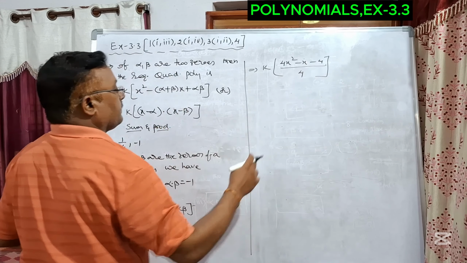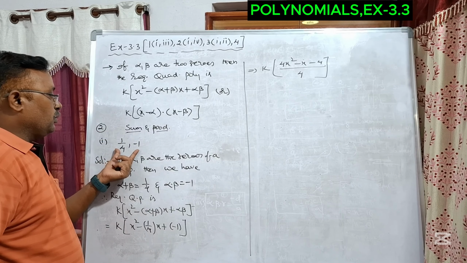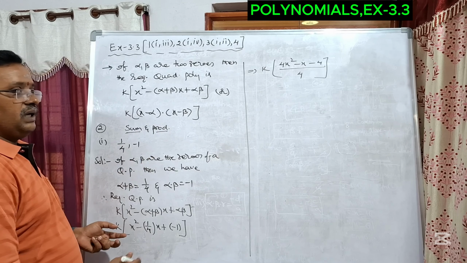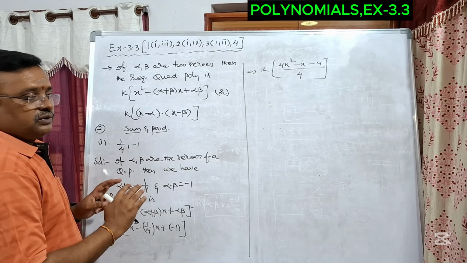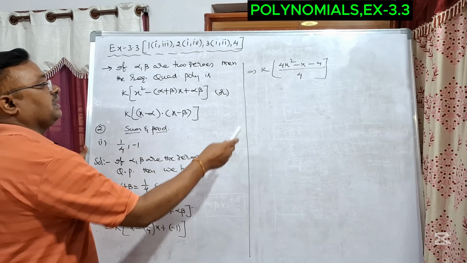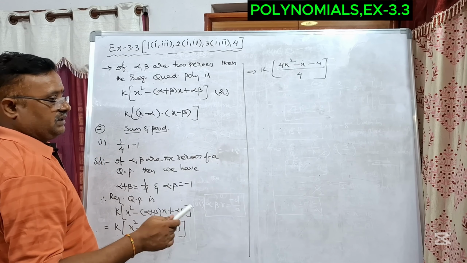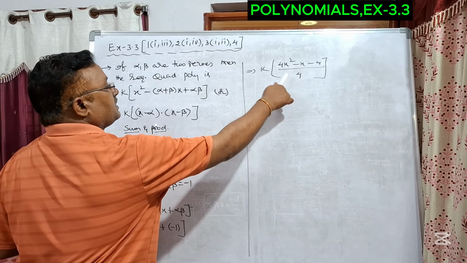What is meant by k? With these two numbers as the sum and product of the two zeros, we can prepare infinitely many quadratic polynomials. So to represent them all, the k value can be 1 or minus 1, 3, 5 by 2, 5 by 6, like that.